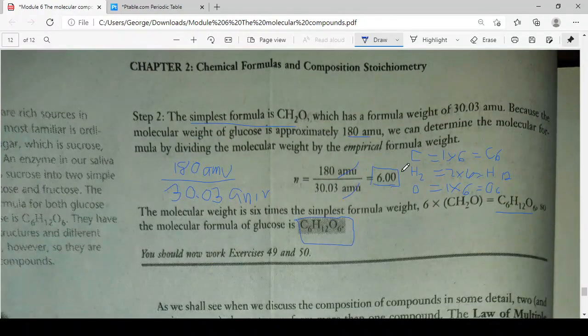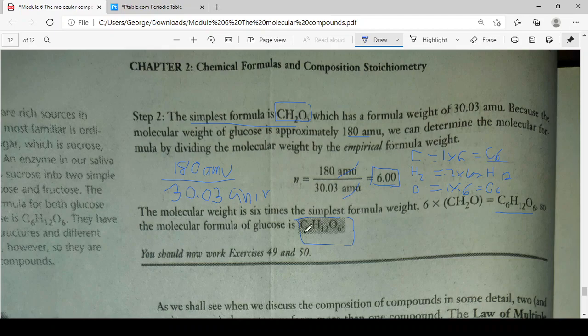Your empirical formula is then divided into 180 atomic mass units to get your 6. Then this 6 we multiply by the given empirical formula, CH2O. So C1 multiplied by 6 is equal to C6.